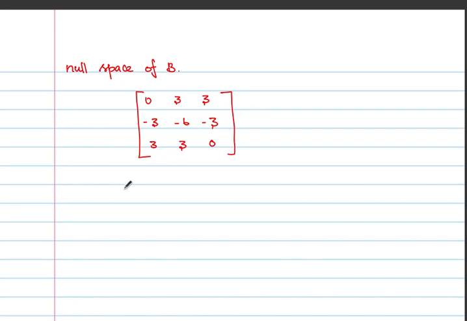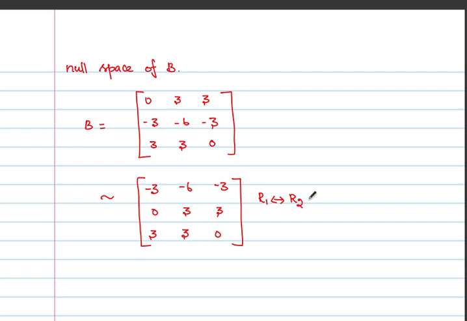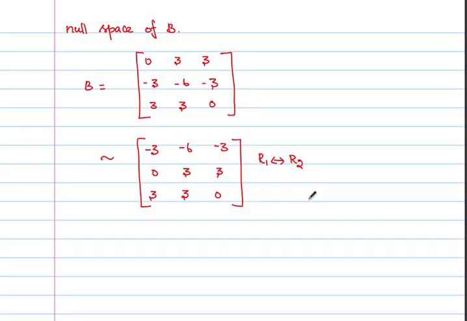B is equivalent to: I interchange the first row and the second row, so the second becomes first. That is, I interchange R1 and R2.